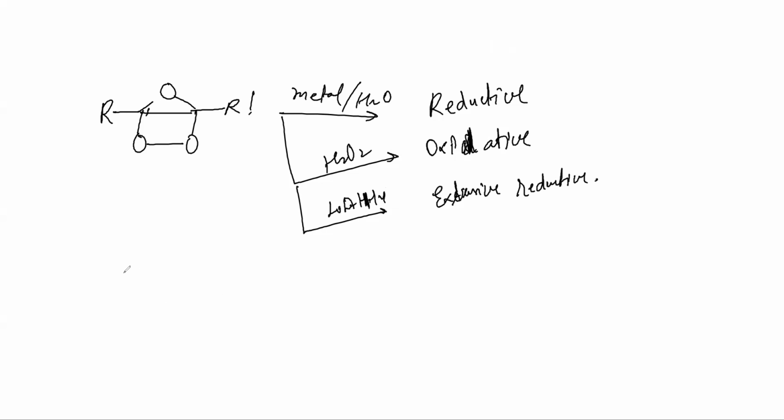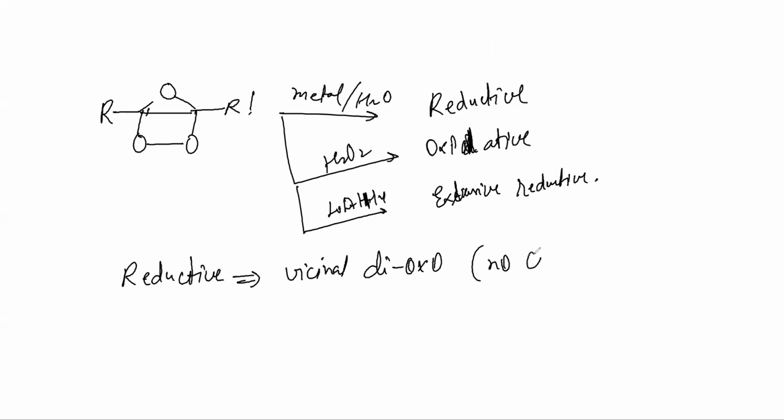So see, in reductive, the product is vicinal dioxo. No complete bond breakage. Remember, your triple bond will not completely break.